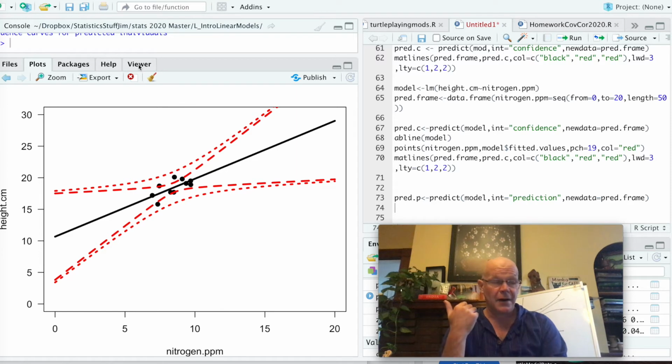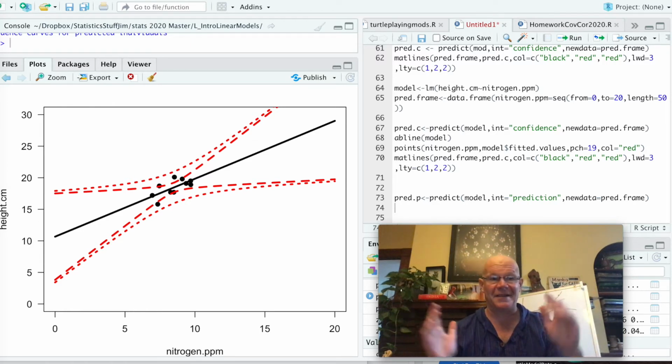So we have a prediction interval, we have a confidence interval, we've done our hypothesis testing, but there's one additional way that we can test hypotheses using an ANOVA. And it's the way that everybody tests hypotheses on these linear models. And that is to actually do an analysis of variance.